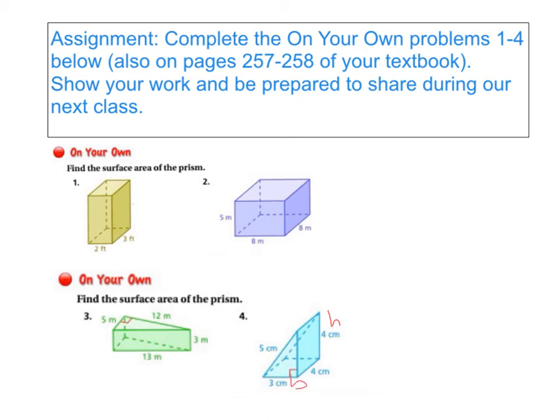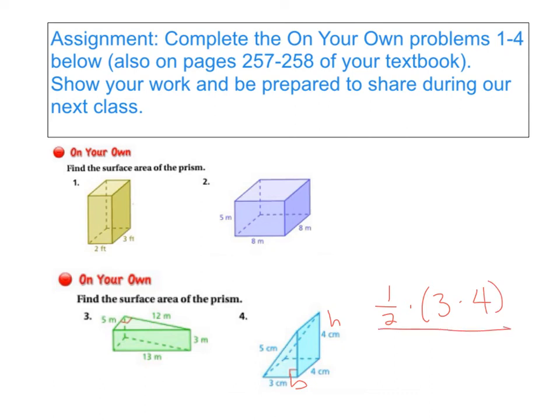And so for when you're figuring out the area of the triangle, you're going to have 1/2 times 3 times 4. That's just for the area of the triangle.